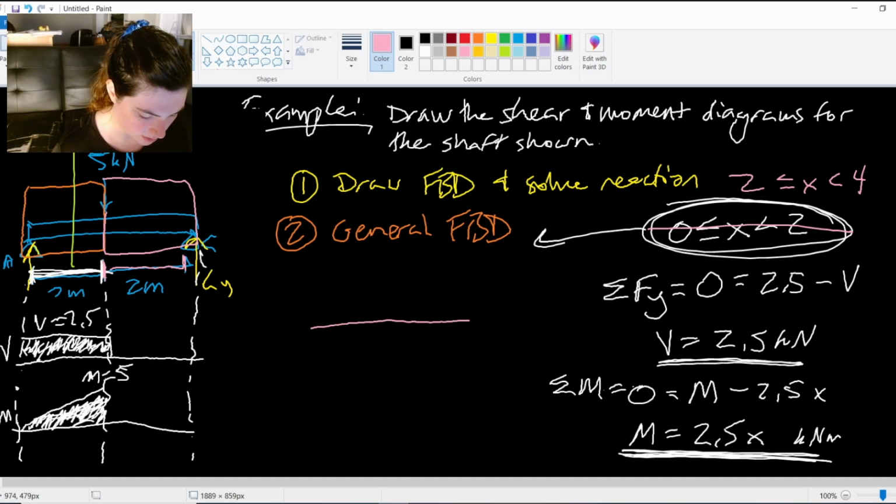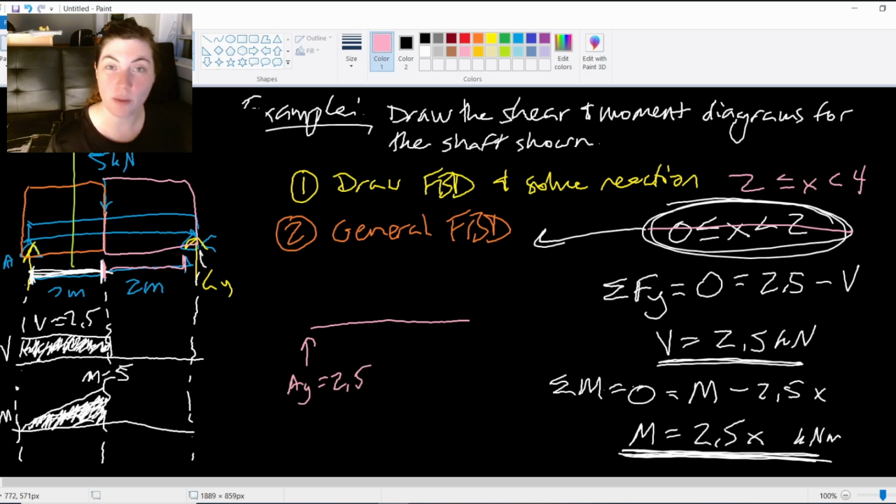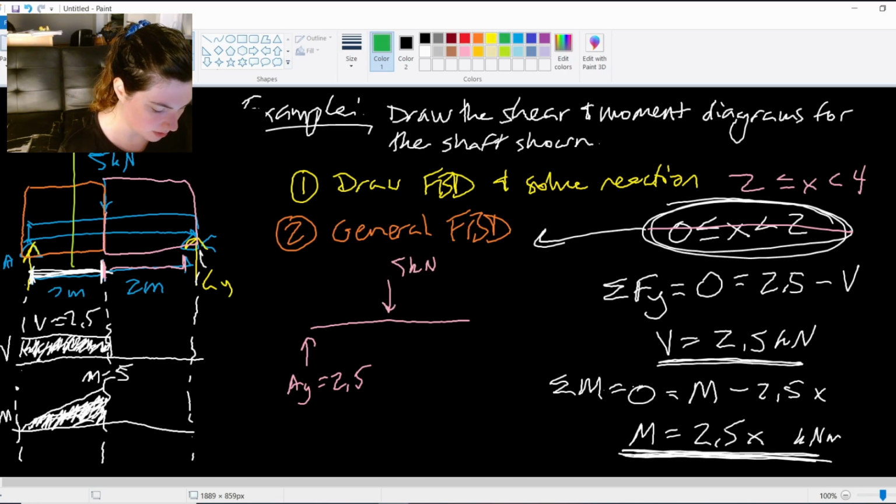So what I'll have is my AY reaction. AY equals 2.5. Now my 5 kilonewtons is included because I'm making my cut now somewhere in here, somewhere through the pink. Everything to the left is included.